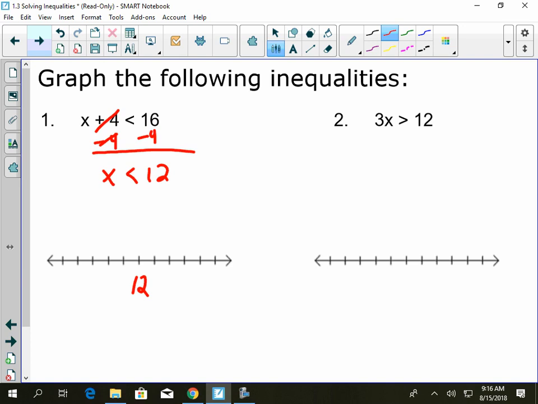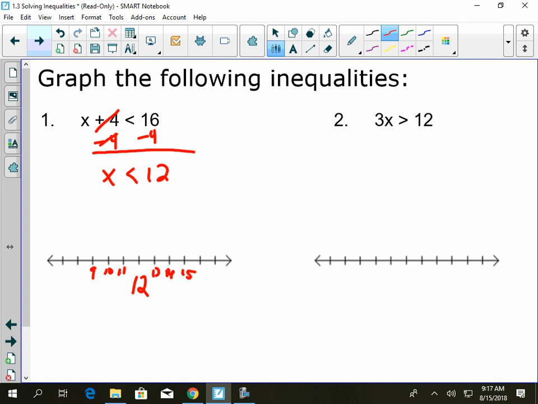So, is x bigger than 12 or smaller than 12? So you might want to put 11, 13, 14, 15. You don't have to do that.